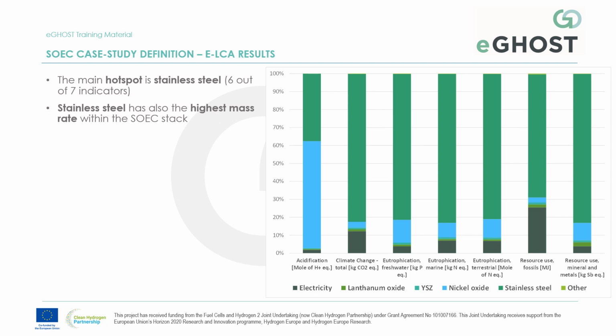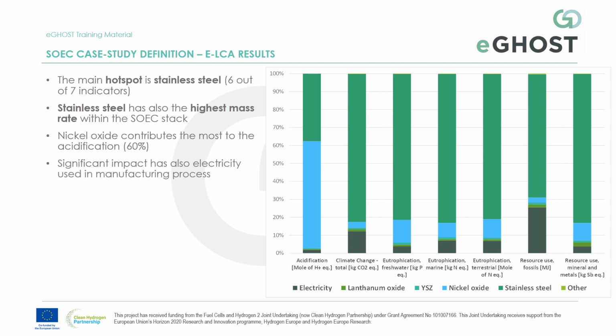This is mainly due to the highest mass share in the stack. Nickel oxide contributes the most to the acidification. Acidification is the only indicator where stainless steel does not contribute the most, which is quite interesting, I think.